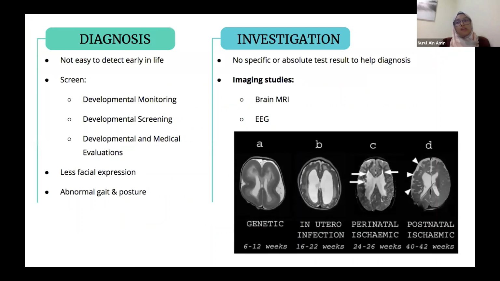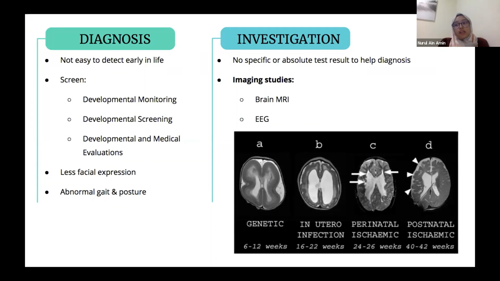Okay. And then how to diagnose, since I said it's not easy to detect early in life. So sometimes we do the developmental monitoring, where you basically track the child's development, developmental screening if you see there's any developmental delays, or even do the developmental and medical evaluations where you try to diagnose a specific type of disorder. Okay.